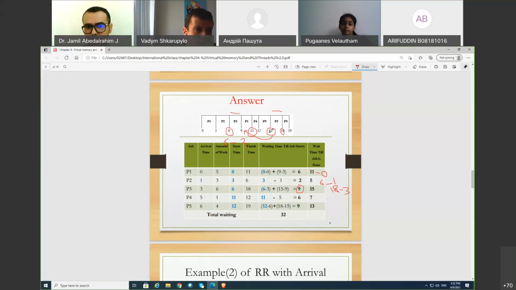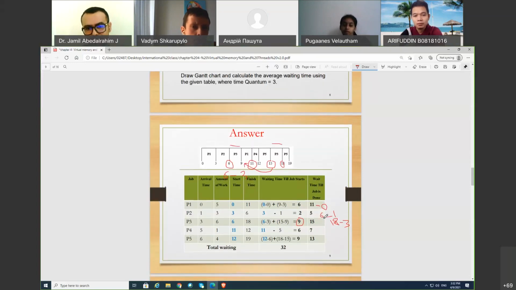P4, finish time at 12. 12 minus arrival time 5 equals 7. And the last, P5, the finish time at 19 minus arrival time 6 equals 13. This is the difference between with arrival time and without arrival time.